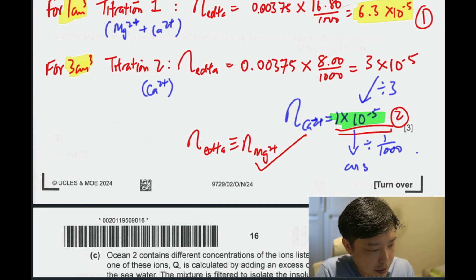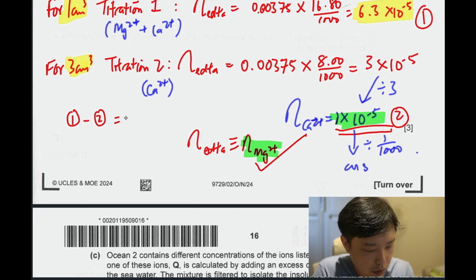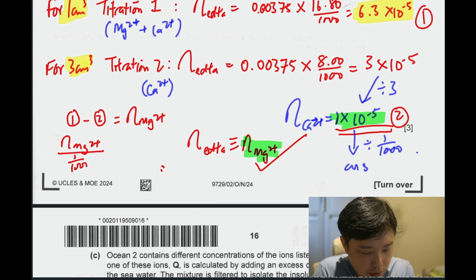Same thing for the magnesium. You just take your answer in 1 minus the answer in 2. You have number of moles of magnesium. You take this number of moles of magnesium, divide by 1 over 1000.